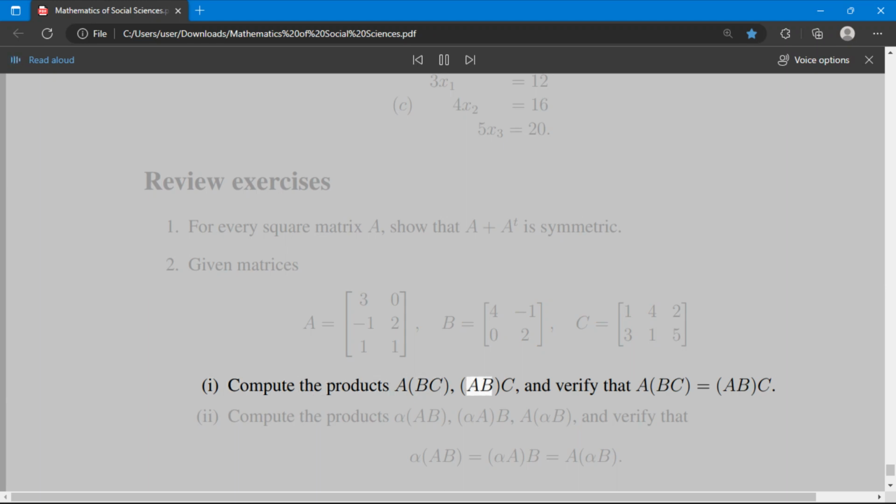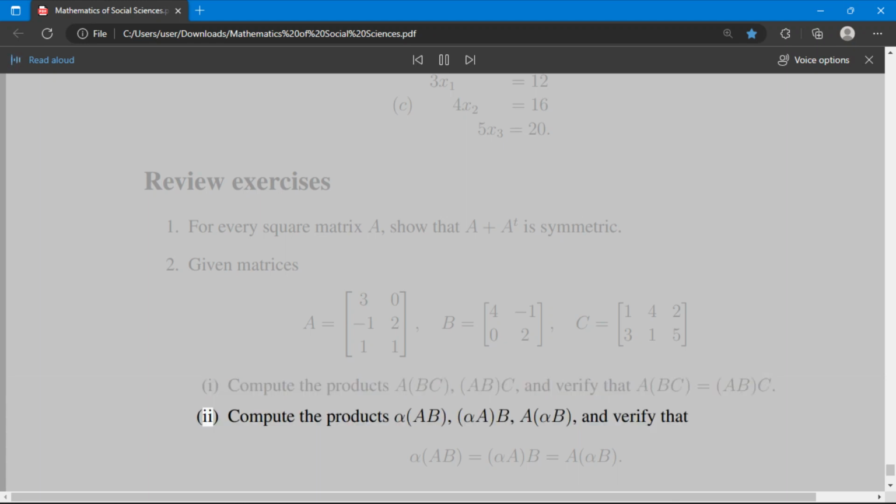I. Compute the products (AB)C and A(BC), and verify that A(BC) = (AB)C.